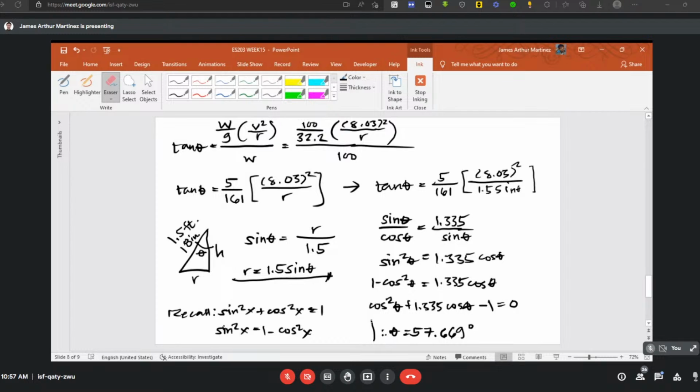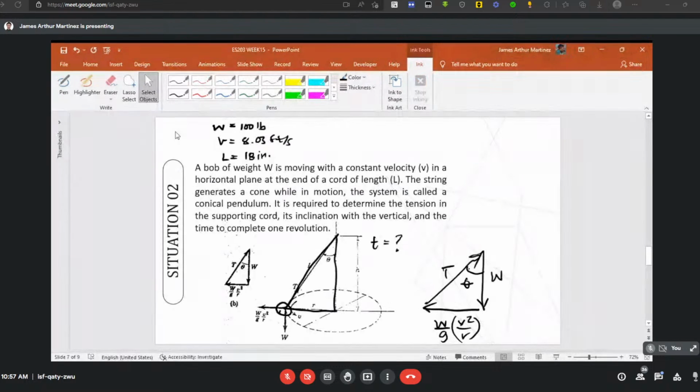So, therefore, we have completed getting the angle of inclination of our chord. Right? So, we have the angle of inclination.